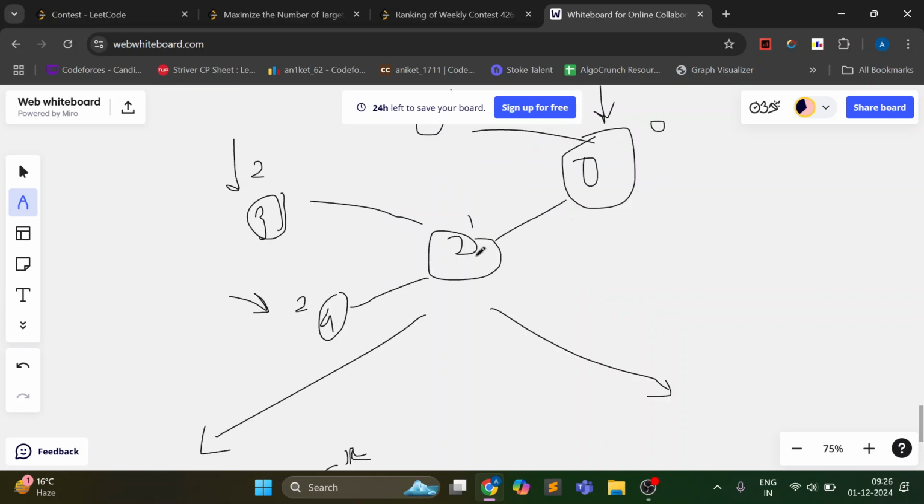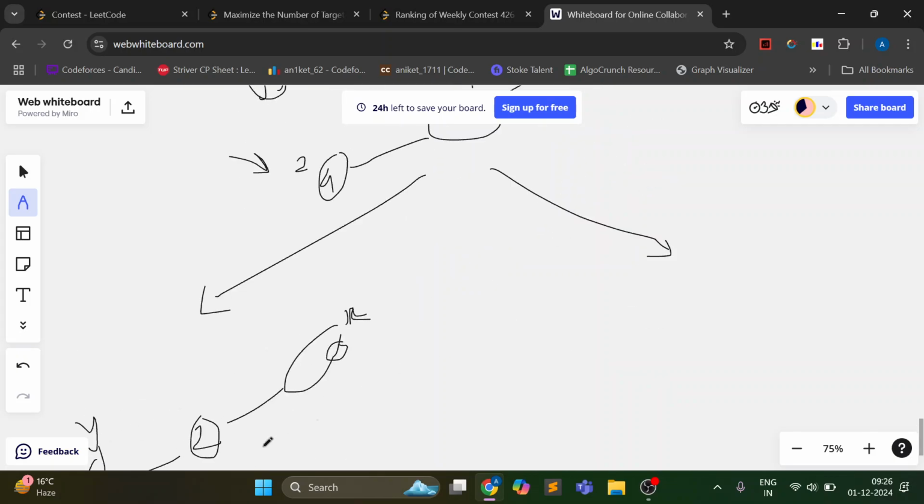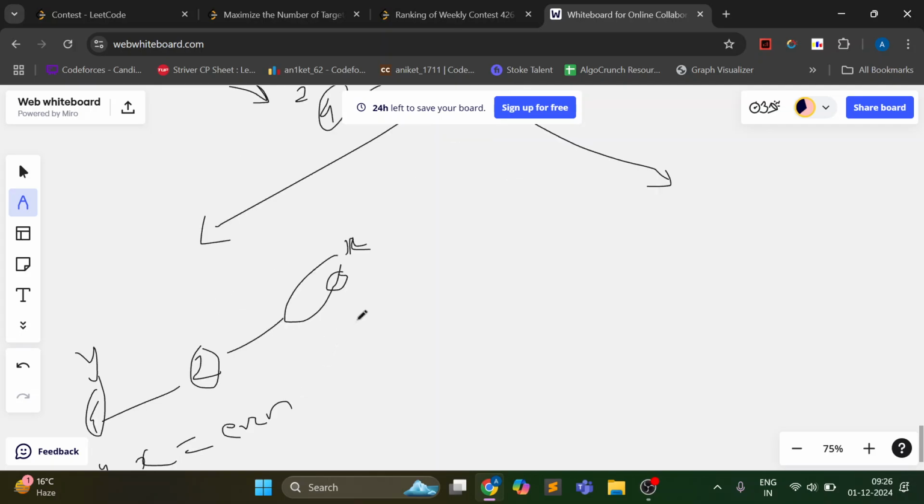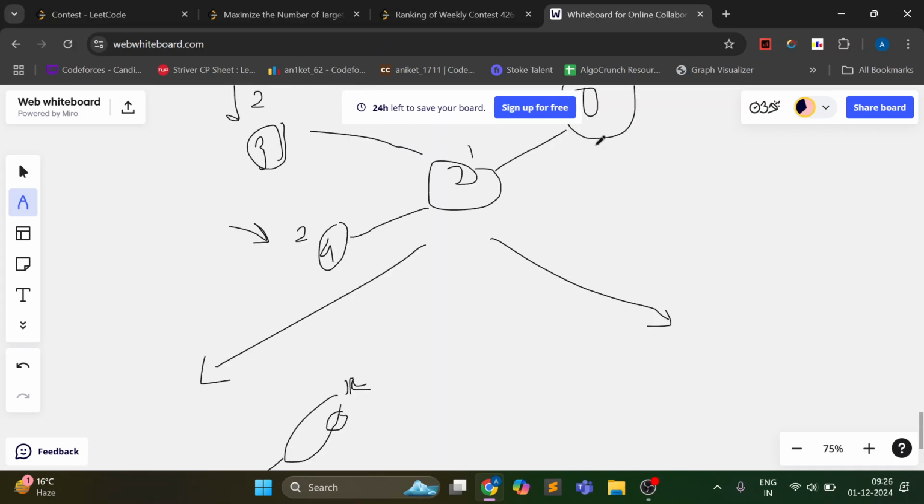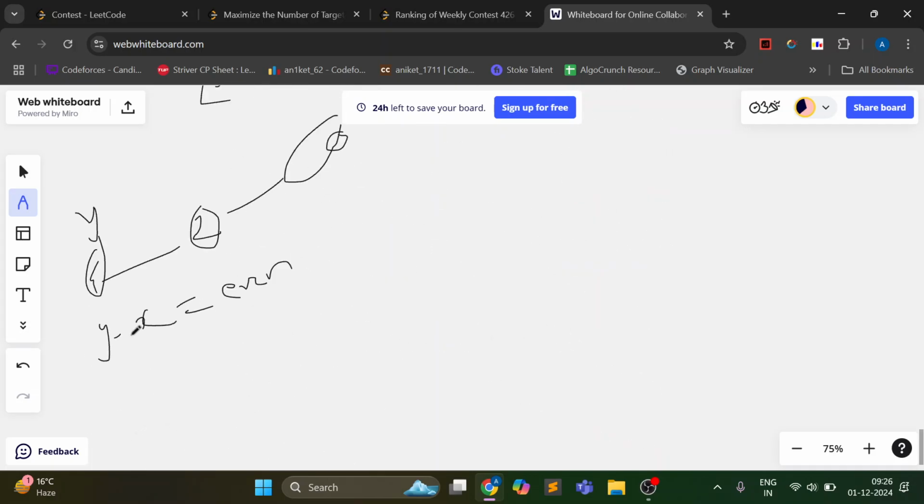So two nodes which have even levels on the same lineage of the root of the tree would have an even number of edges.